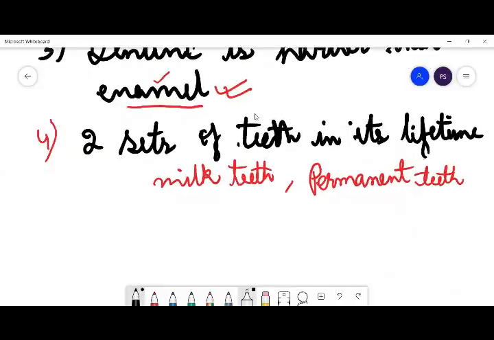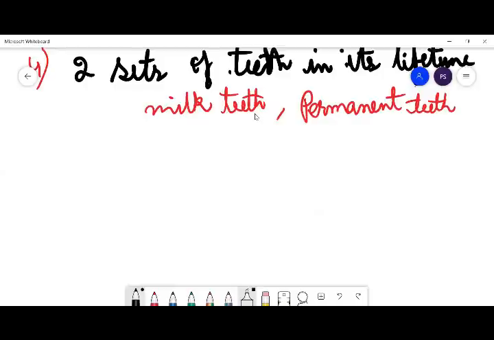Now the next question is, what is the number of milk teeth?